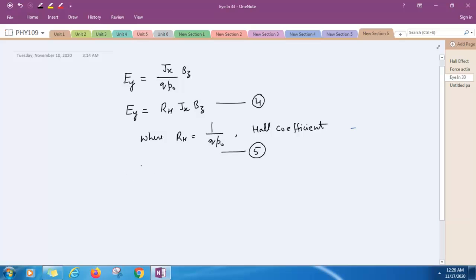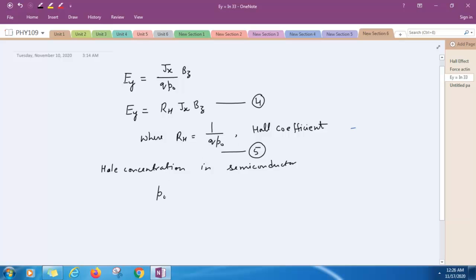Now let us calculate charge carrier concentration, hole concentration in semiconductor. How can we calculate? I am going to use this equation number 5.